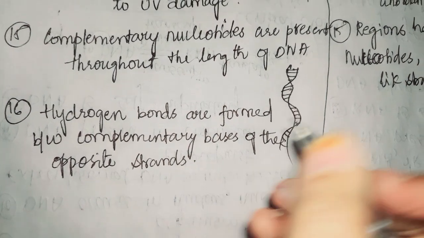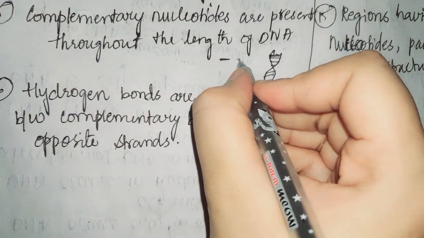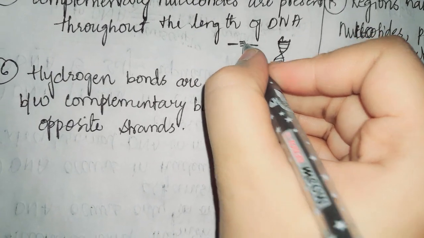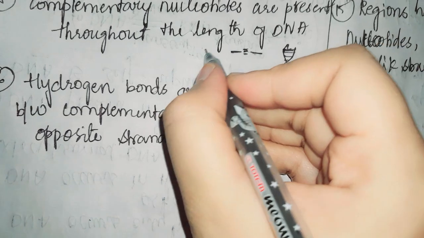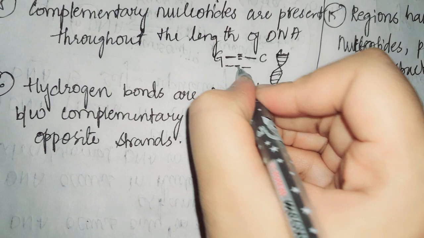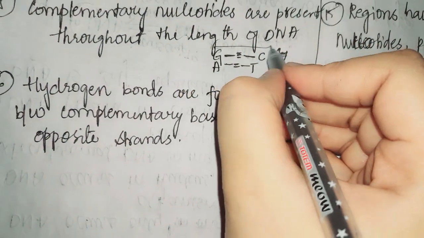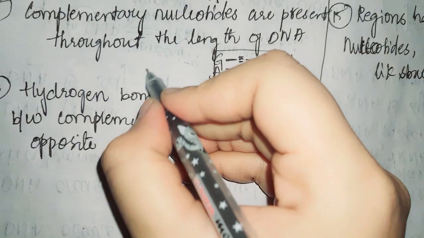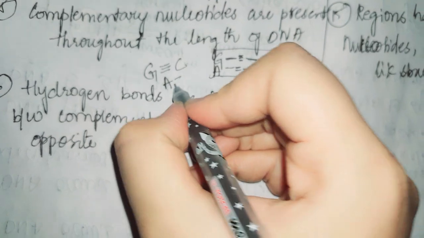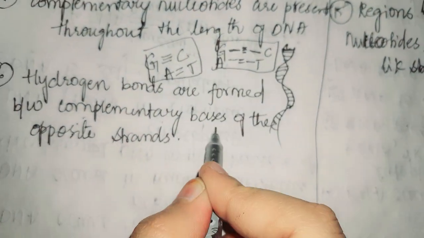Obviously it is true, when these strands are forming, there will be a purine and then a pyrimidine. Between these there will be hydrogen bonds. There are 3 hydrogen bonds for guanine and cytosine, and 2 hydrogen bonds for adenine and thymine. So guanine base pairs with 3 hydrogen bonds, adenine base pairs with 2 hydrogen bonds.